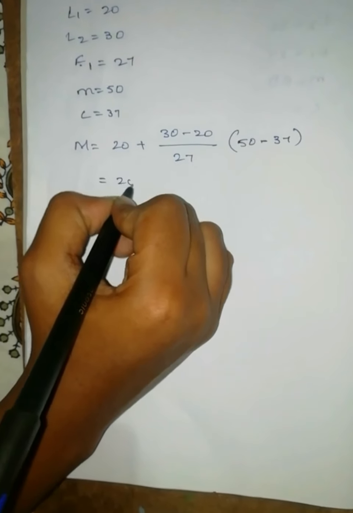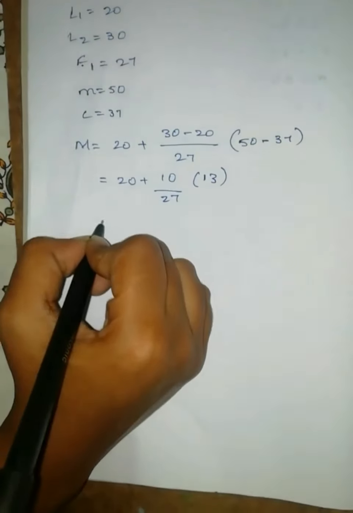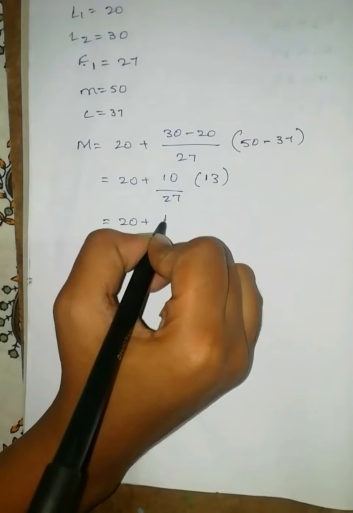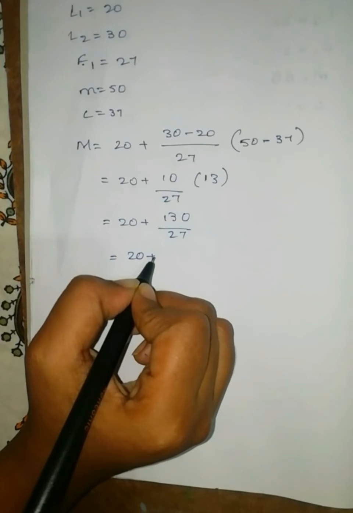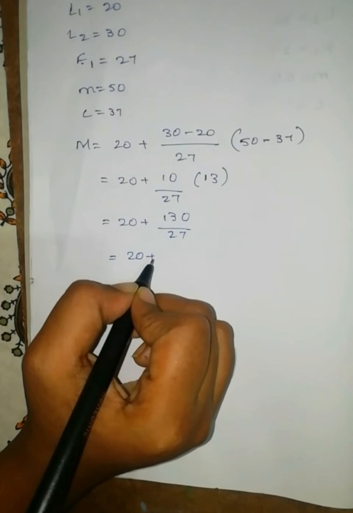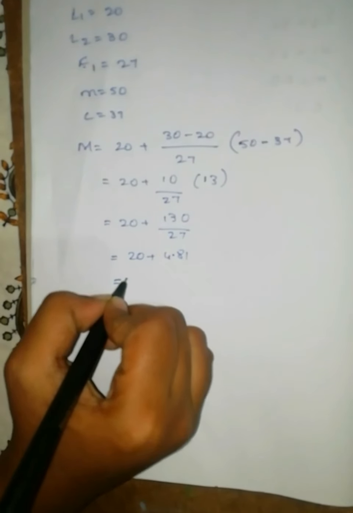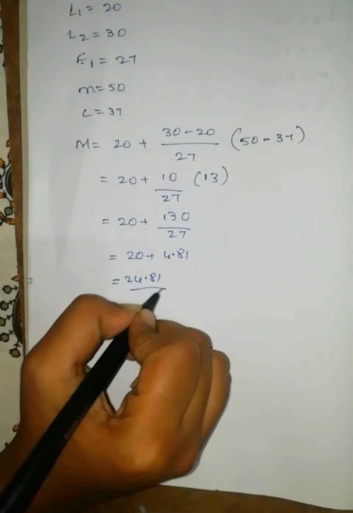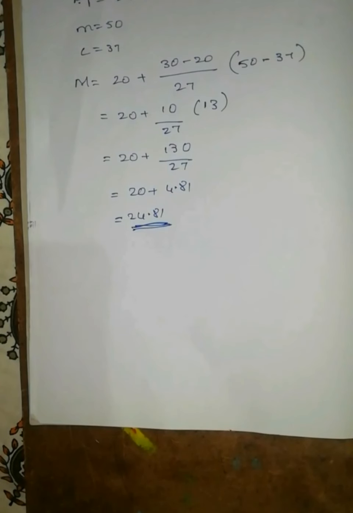That is equal to 20 plus 10 by 27 into 13. 20 plus 130 by 27. 130 by 27 is 4.81, which comes to 24.81. Therefore, this is the median of the given data. This is how we find median in continuous series.